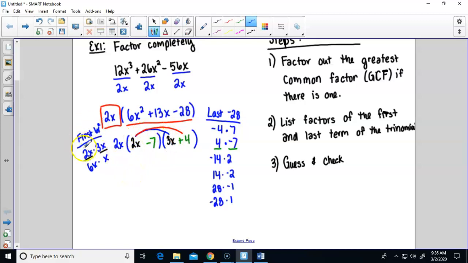We knew that was going to be the case because we picked numbers that would give us 6x squared. And then I'm going to do 2x times 4, which is going to give me positive 8x. And I'll do negative 7 times positive 3, which will give me negative 21x. And then I'm not going to write this part down, but negative 7 times positive 4 would give me the negative 28 right here.